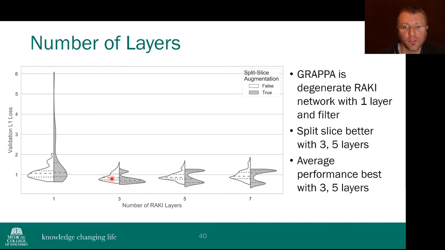These dashed lines here are the medians of the results. Lower is better as we're looking at that absolute error loss function here. So with a moderate number of layers, the split slice training tends to work. When you go to higher numbers of layers, again, you start seeing some divergence, with the split slice augmentation starting to perform a little worse.